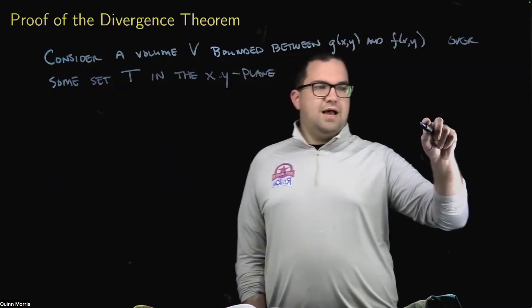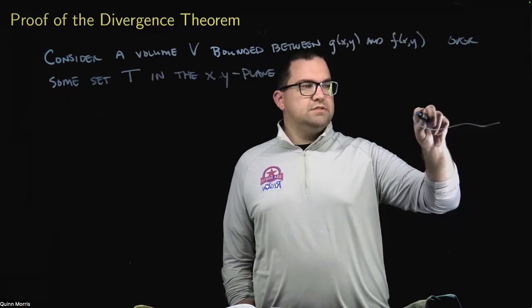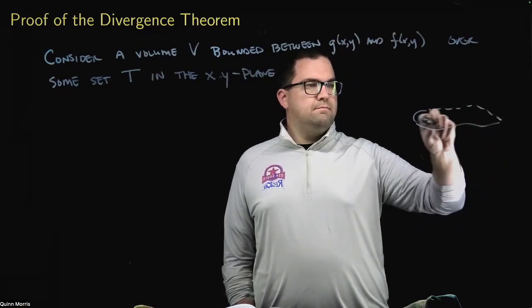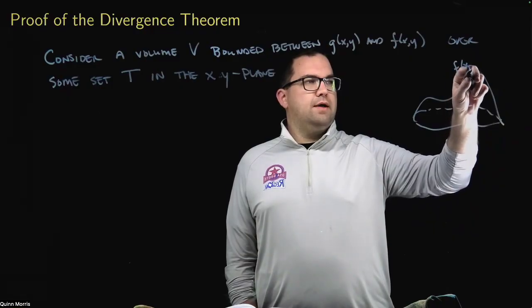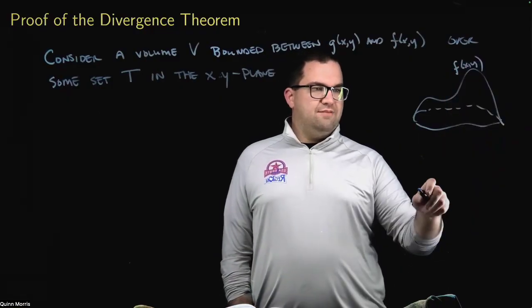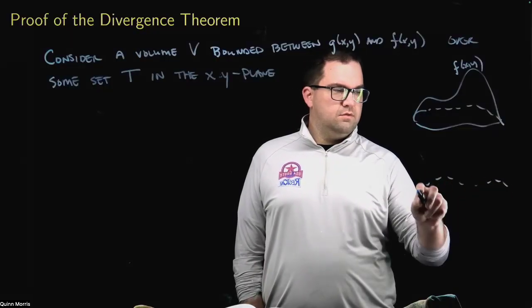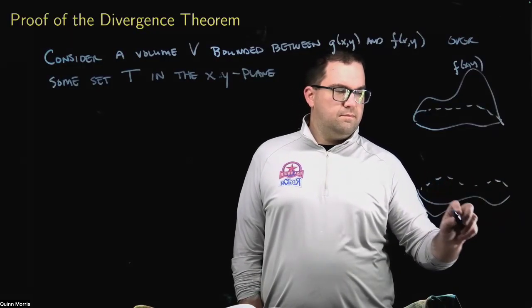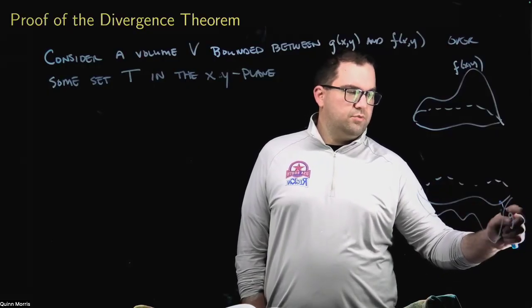So the idea here is I have some upper surface, which I'm going to call f of x,y. I have this lower surface, g of x,y.